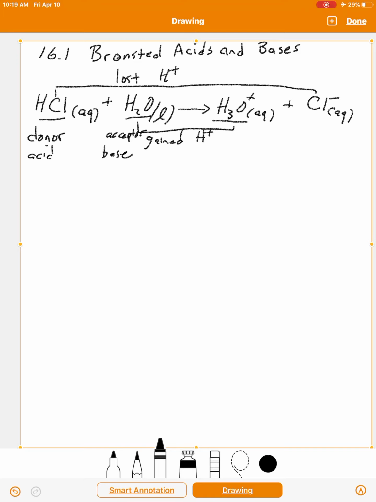Let me show you another example. This turns out is a reversible process.